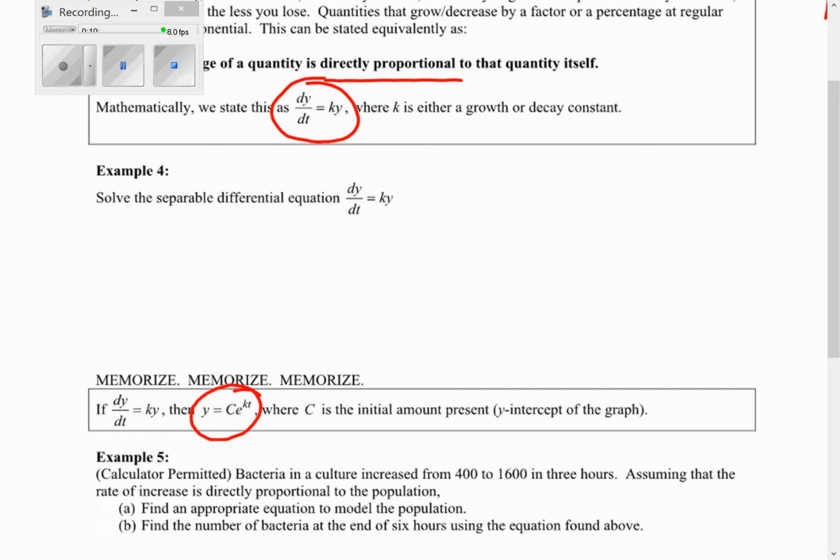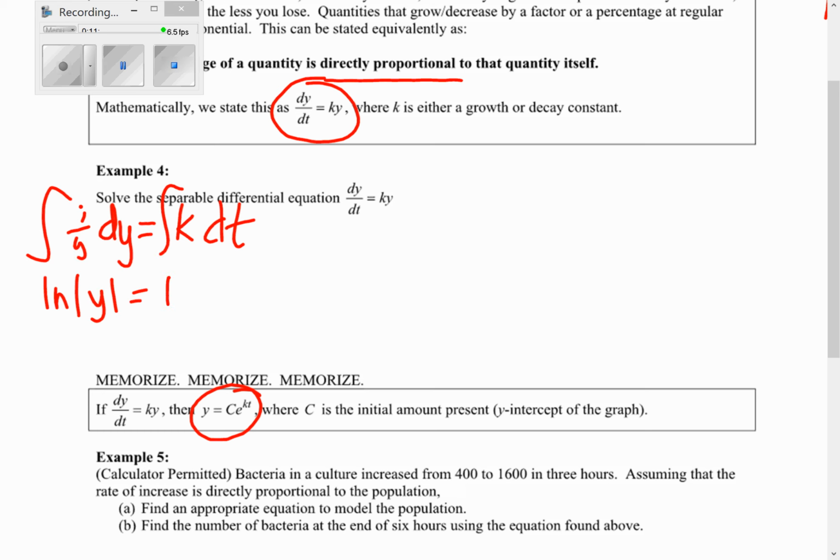So if I solve for y, I get 1 over y dy equals k dt. All right, so I get ln, absolute value of y, because I'm integrating both sides, equals kt plus c. I'm going to raise both sides using the power of e. So I get y equals e to the kt plus c.